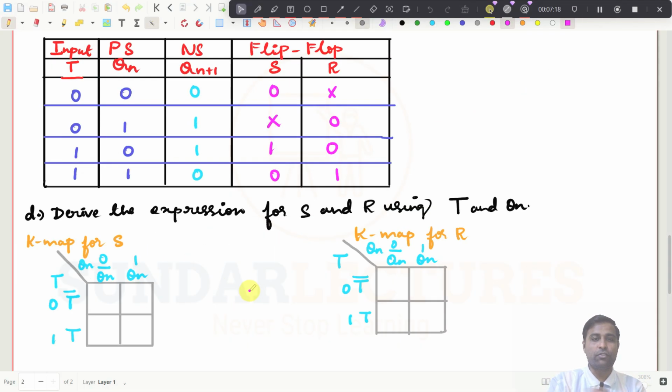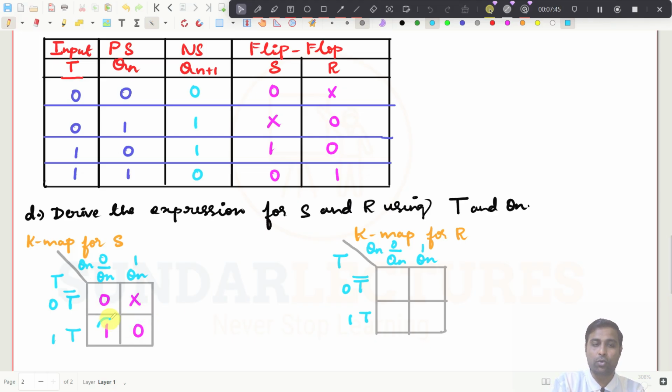Now you see I have just drawn this for 0, 0. This is the input now, 0, 0. What is the value of S? It has to be 0. And for 0, 1 it is X. And for 1, 0 it is 1. And for 1, 1 it is 0. Right? So what you need to do here is get any pair or quad or octet possibilities, but here you cannot do anything.